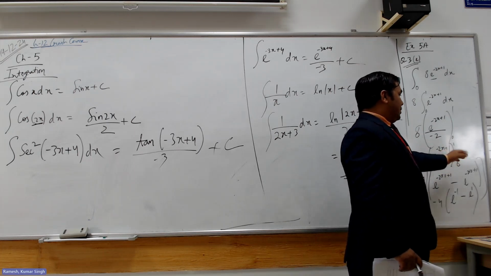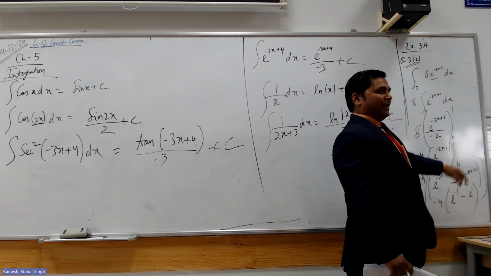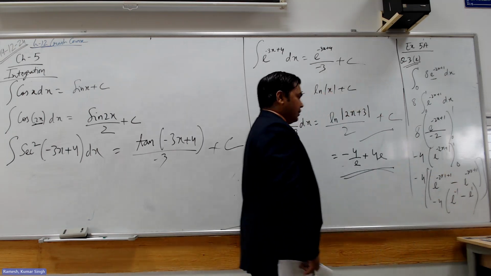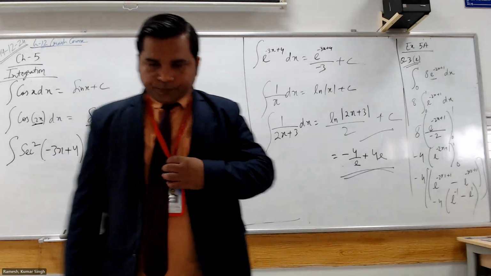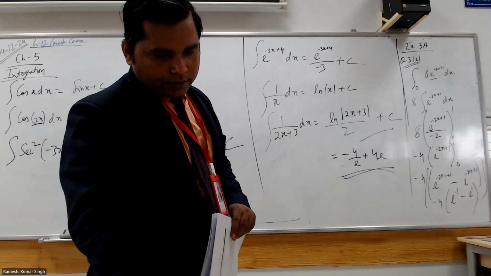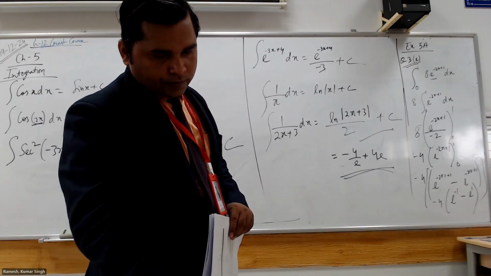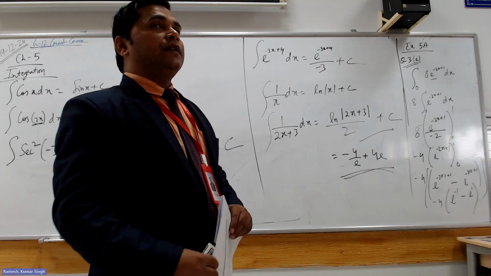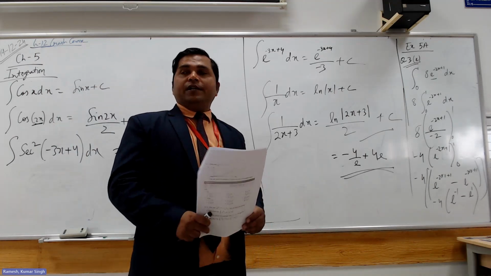And then we put the limits, the lower limit is 0, upper limit is 1, and simplify. Yeah, that's the answer. We got the correct answer, negative 4 over e plus 4.